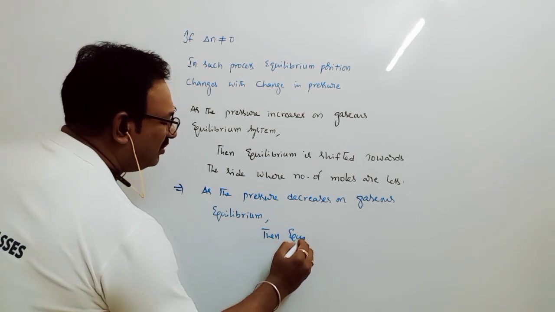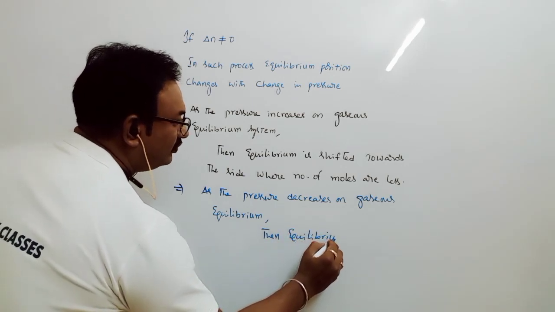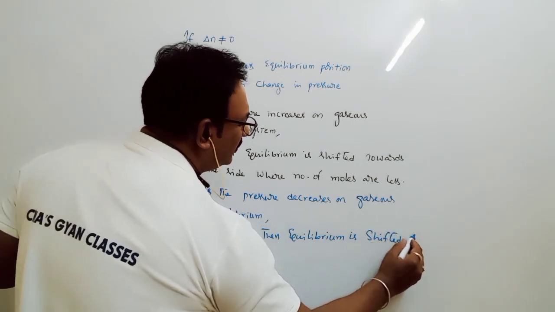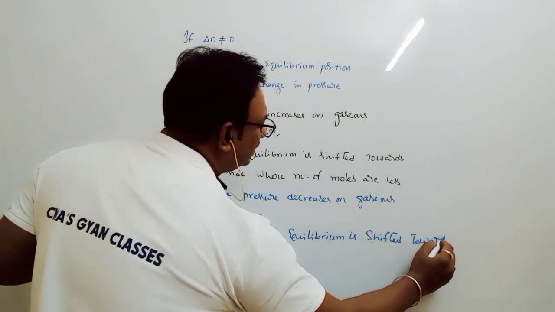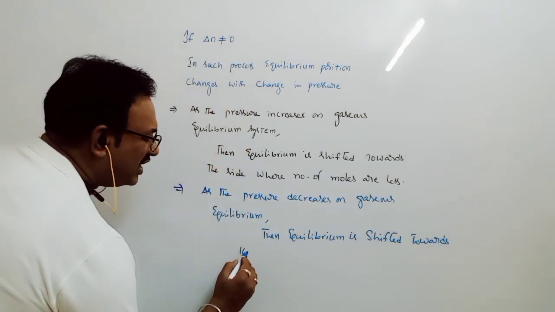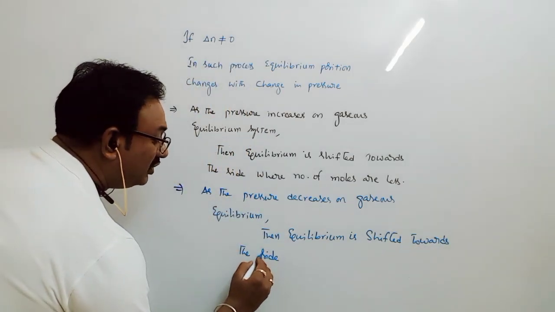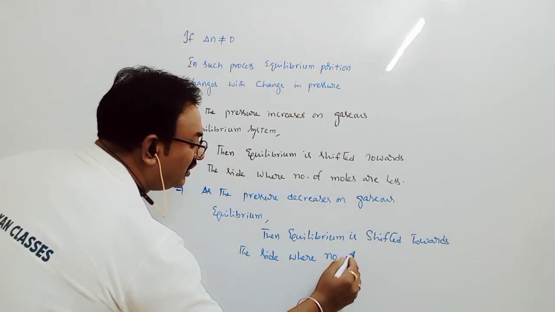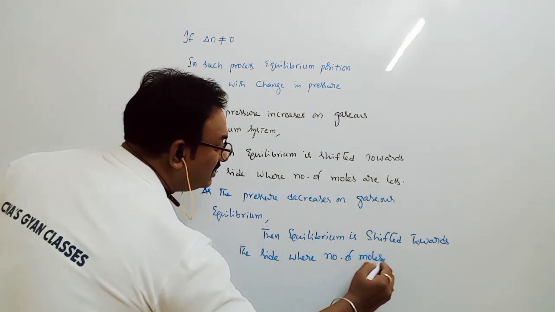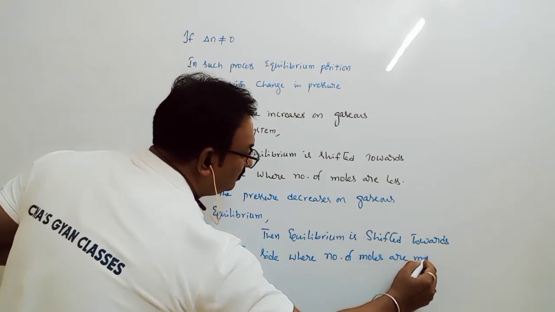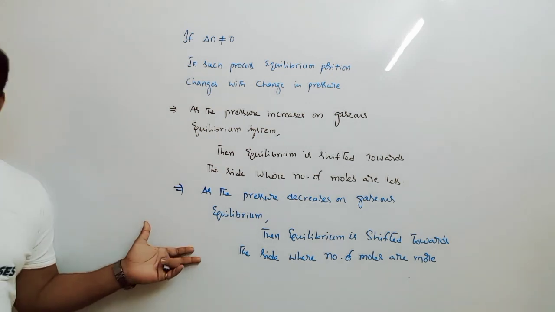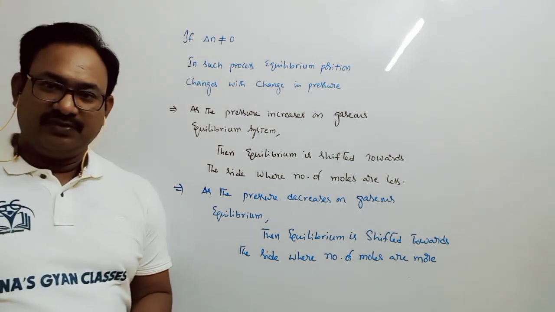Then equilibrium is shifted towards the side where the number of moles is more. Okay, so like that you should understand the effect of pressure on equilibrium position.